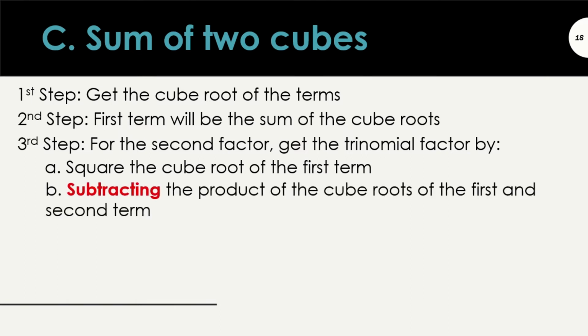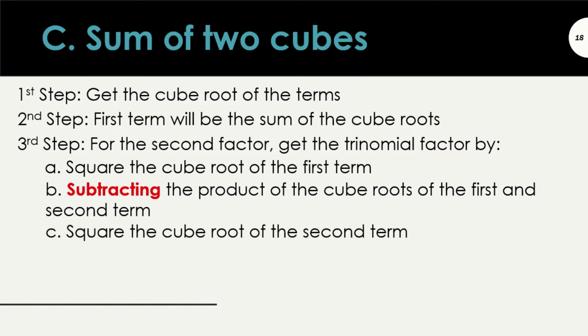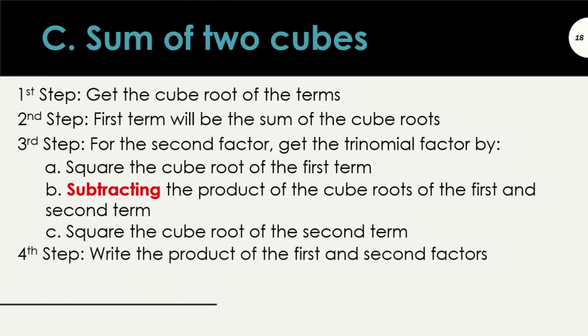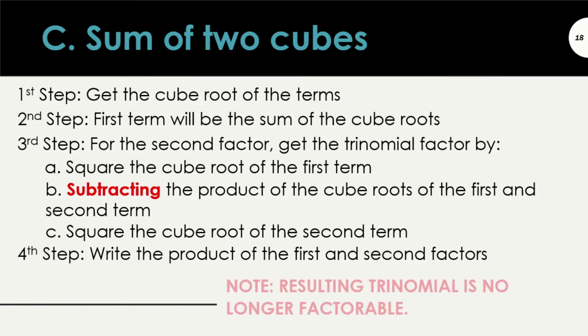B. Subtracting the product of the cube roots of the first and the second term. C. Square the cube root of the second term. Then, for the fourth step, we will write the product of the first and second factors.